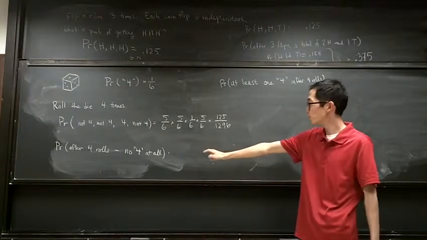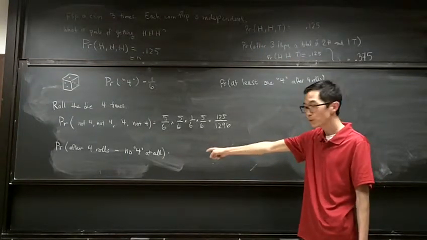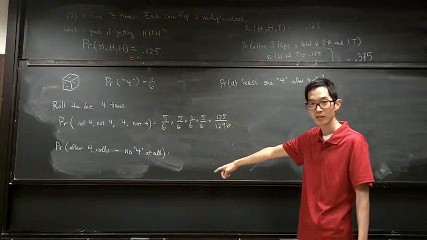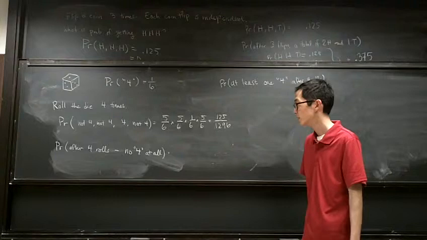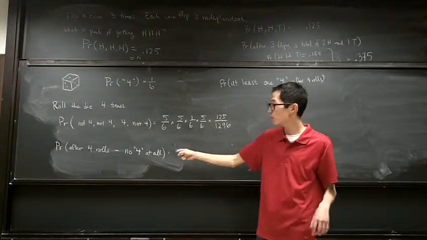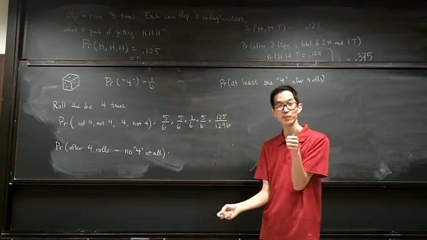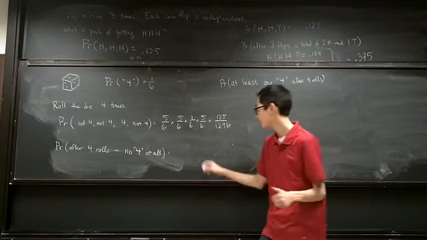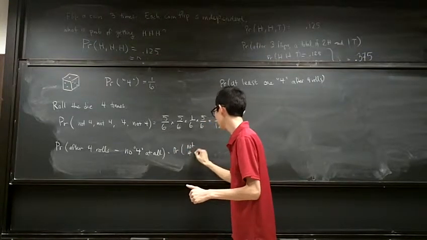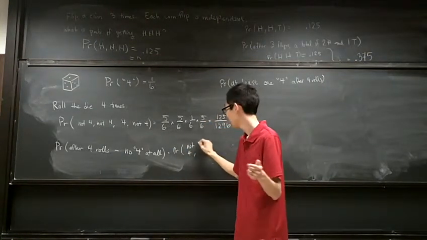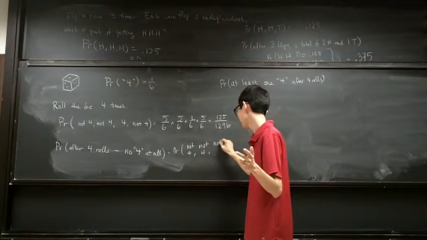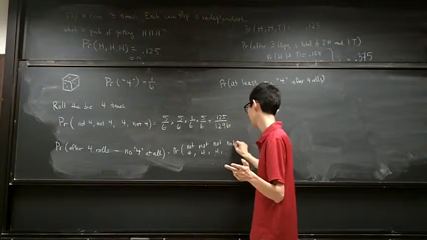Okay, after 4 rolls, what's the probability that we see no 4s at all? How do we do that? For this to have happened, what had to have happened the first time? Not a 4. And then the second die had to be not a 4, and the third roll had to be not 4, and the last one had to be not a 4.